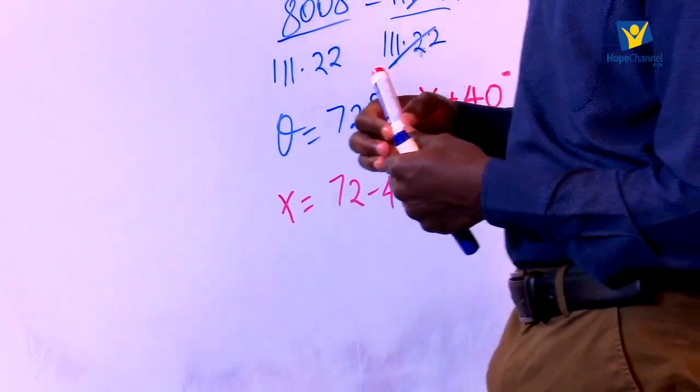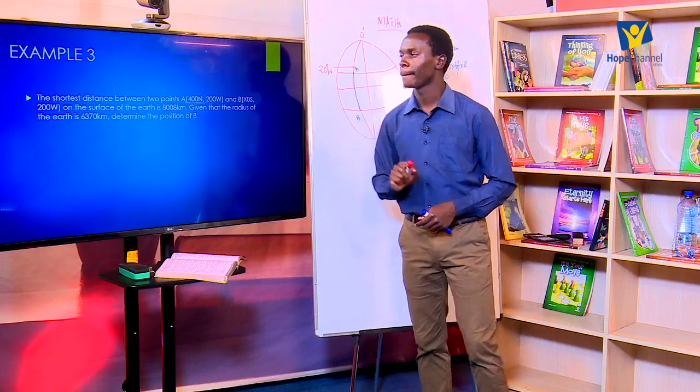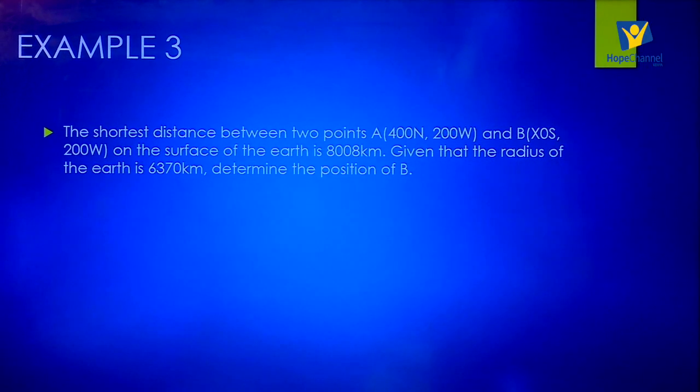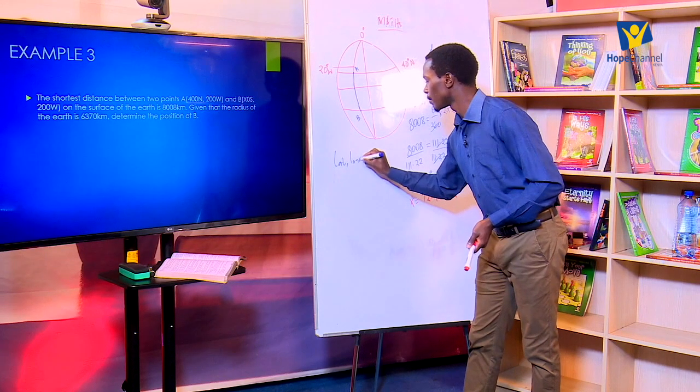But now, what is the question? Determine the position of B. Position is the same as location. Now you remember how we state the location of a place on the Earth's surface. Remember we said that number one is latitude, then the longitude.